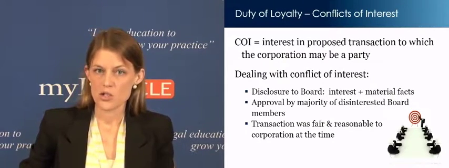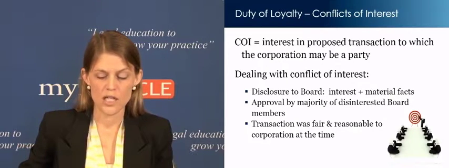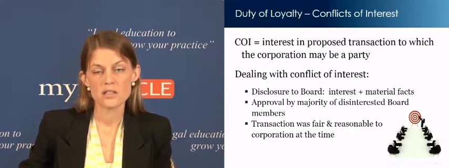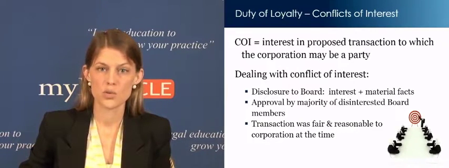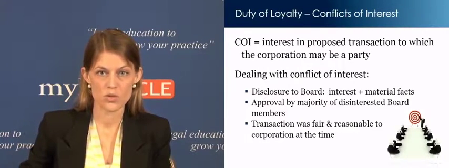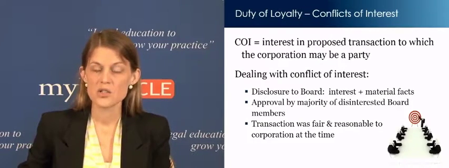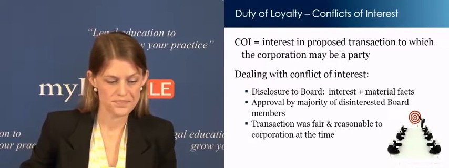So when a conflict of interest potentially exists, it means that the director with the potential conflict should disclose to the board that the conflict exists and all material facts, that the transaction involving the potential conflict of interest should be approved by a majority of the disinterested board members who don't have a potential conflict of interest with respect to the transaction, and that the transaction should be fair and reasonable to the corporation at the time it's entered into.